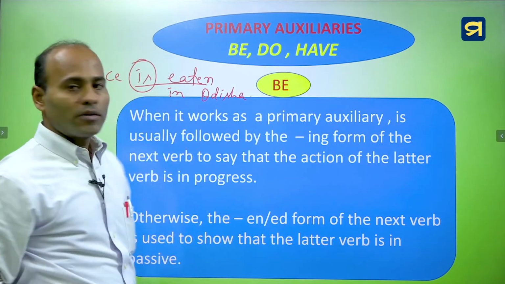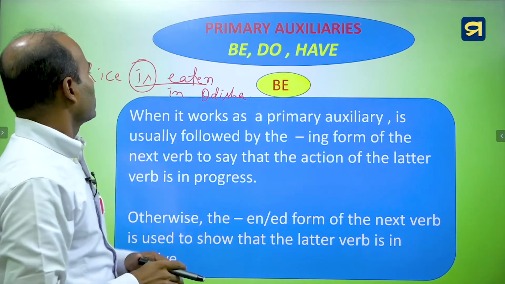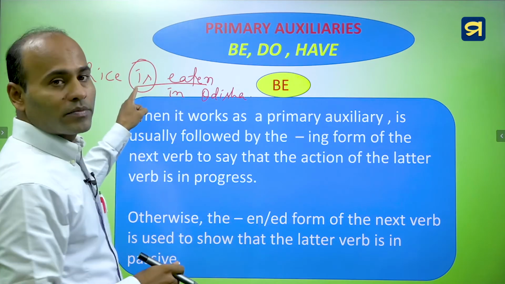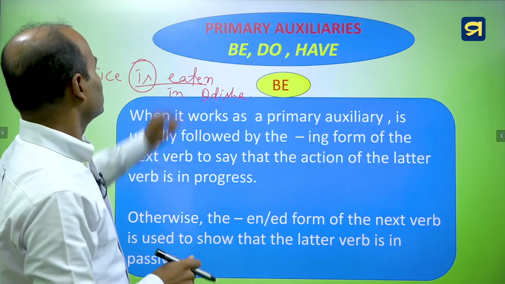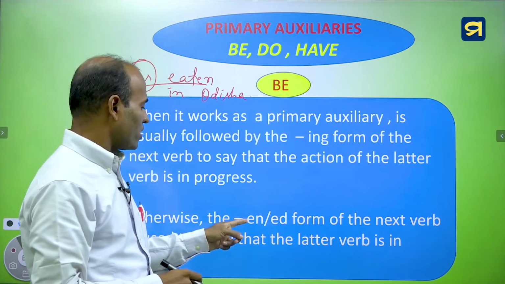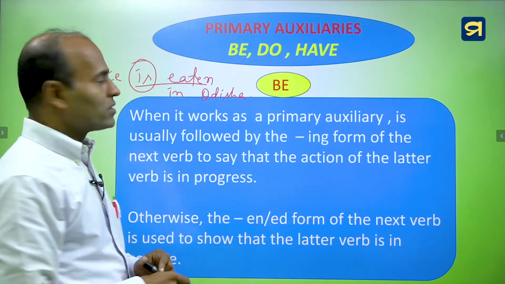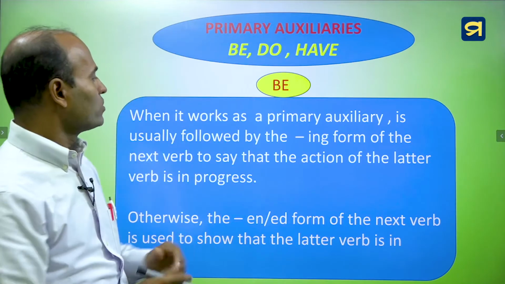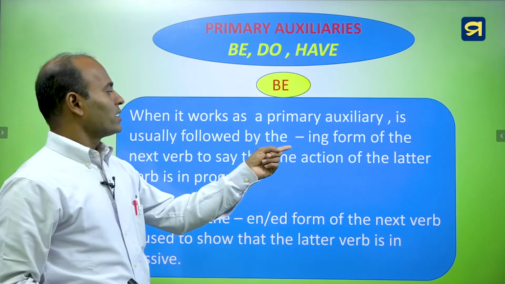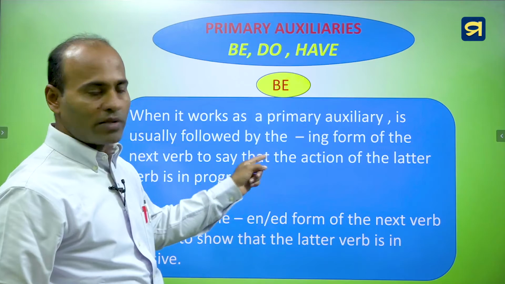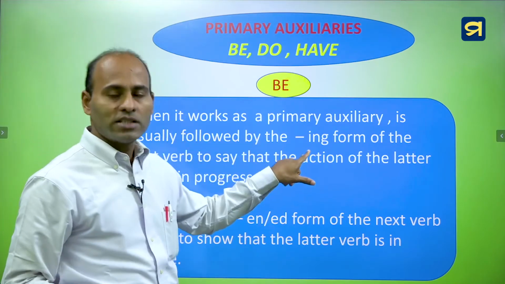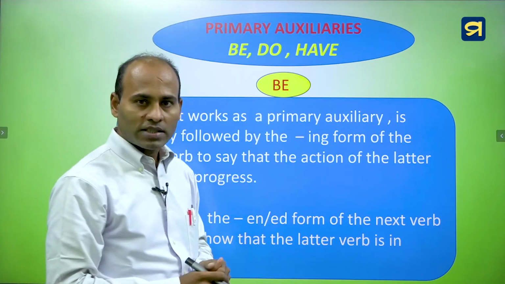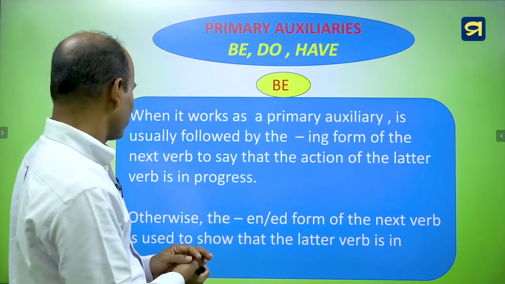Is the primary auxiliary and the word eaten, which follows the primary auxiliary, is in its third form, or you can say en form. So this is the passive form of the sentence. So be can be used as the preceding verb of a main verb when it is in ing form to denote that the action is in progress, and can be used in the passives.